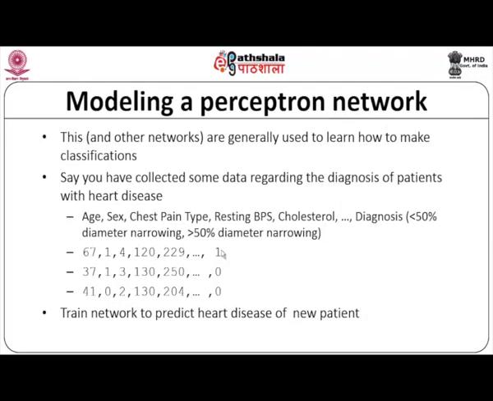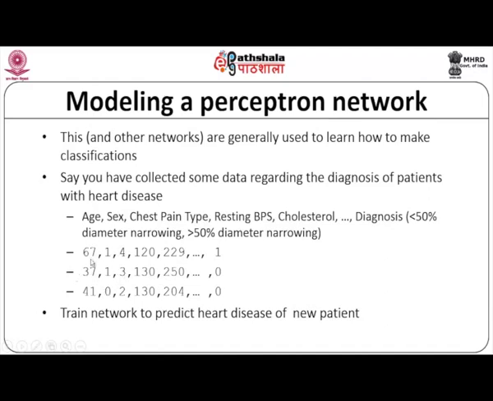Now, how to model a perceptron? Suppose you are working with a classification problem. Assume you are going to diagnose a patient for a specific type of heart disease. If the patient has the disease, it is indicated by a 1, else it is indicated by a value 0. All the records associated with this data are highlighted here.